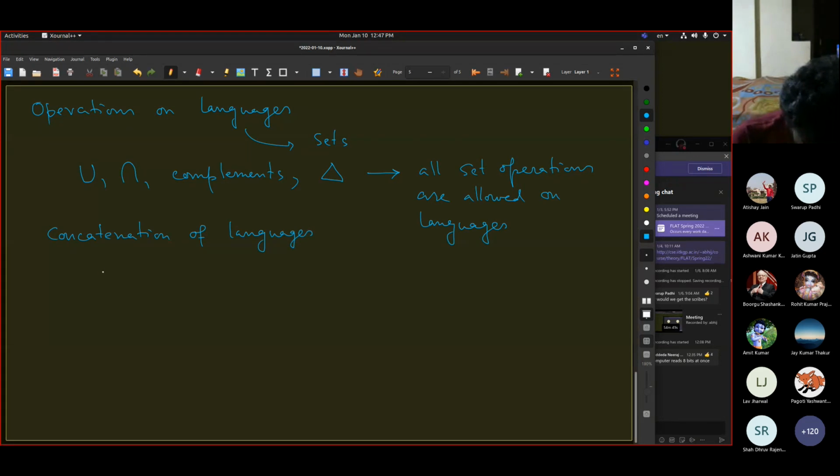Okay, so if L1 is a language, L2 is a language, I define this to be the set of all strings of the form x1 x2, such that x1 is coming from L1 and x2 is coming from L2.